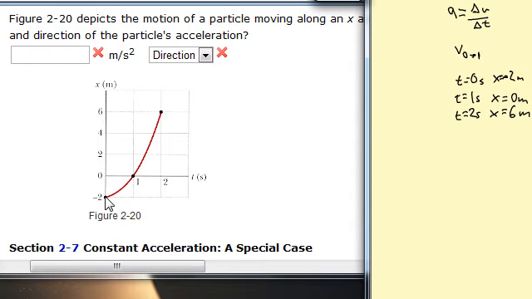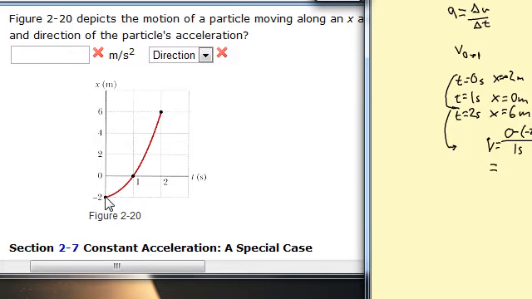So let's find the velocity between 0 and 1 seconds, using this point and this point first. We'll say the velocity is 0 meters minus negative 2 over a 1 second interval, which is going to equal 2 meters.